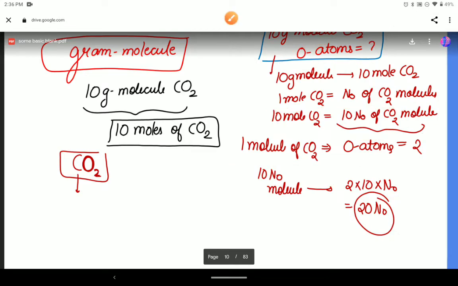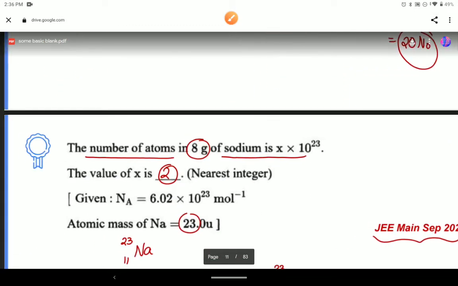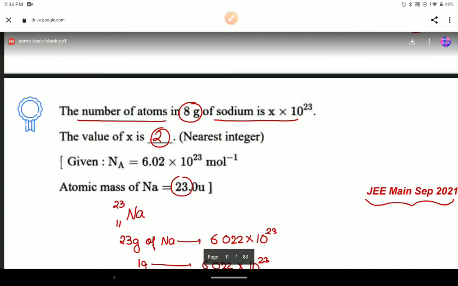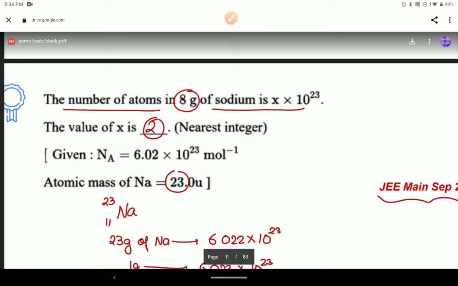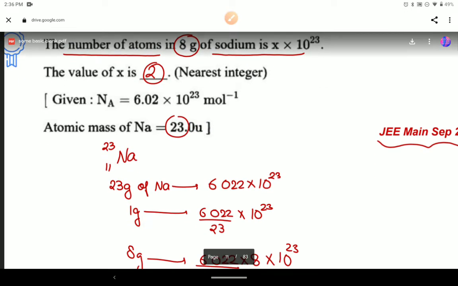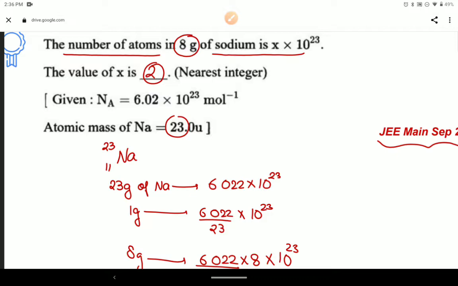Okay, let's quickly get into the next slide. See, the number of atoms in 8 grams of sodium is x into 10 to the power of 23. The value of x is asked. See, sodium's atomic weight is 23 and atomic number is 11, right? 1 mole of sodium is nothing but 23 grams of sodium.